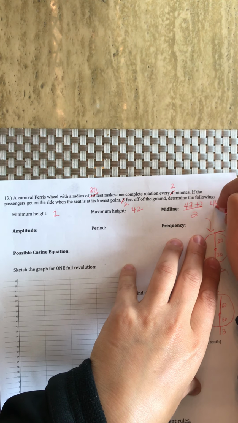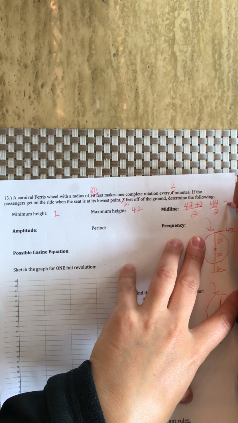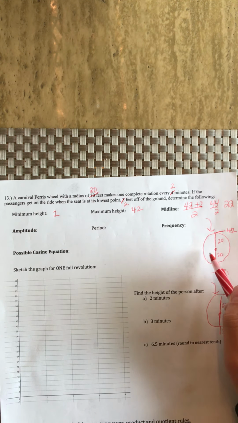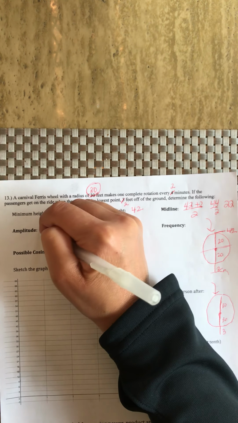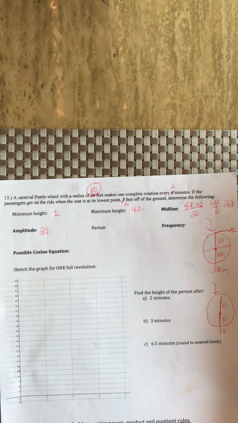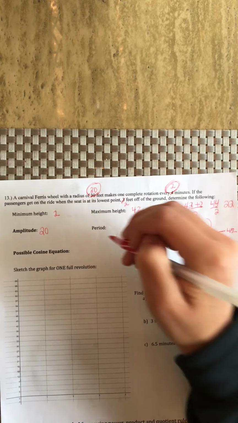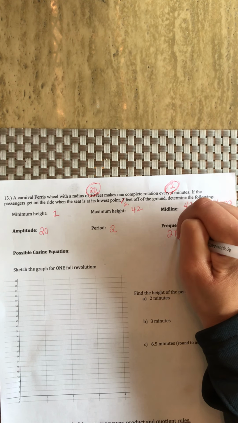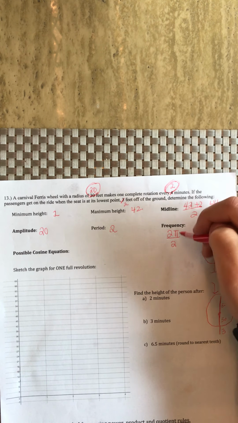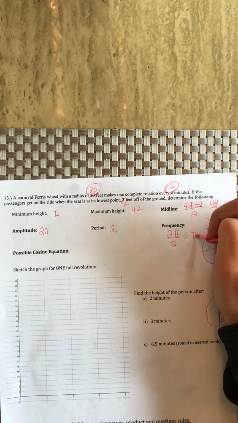So that gives me 44 divided by 2, which gives me 22. Okay, so that's going to be my midline right there at 22. My amplitude is right here at 20. My period right here is at 2. And my frequency is 2 pi divided by the period, which would be pi.